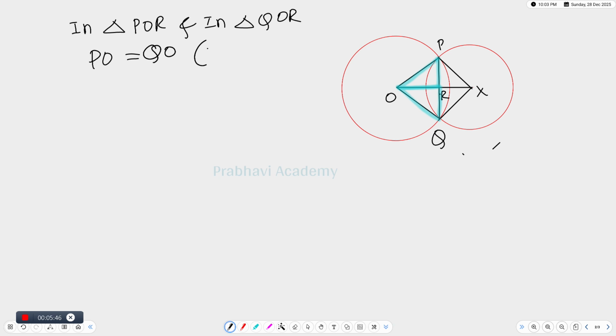Already we have seen, the reason is radii of same circle, that is circle number 1.